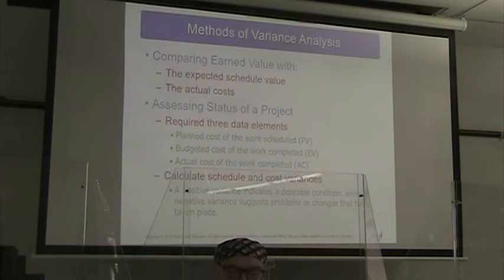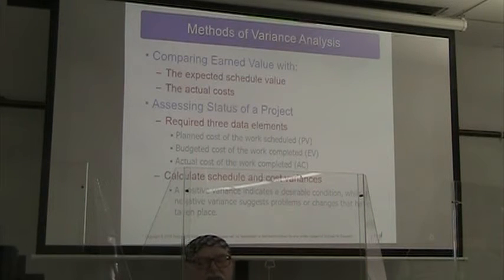So when we assess the status of our project, we look at three data elements. The planned cost of the work scheduled, our PV, our budgeted cost of the work completed, our earned value, and our actual cost of the work completed, our AC.